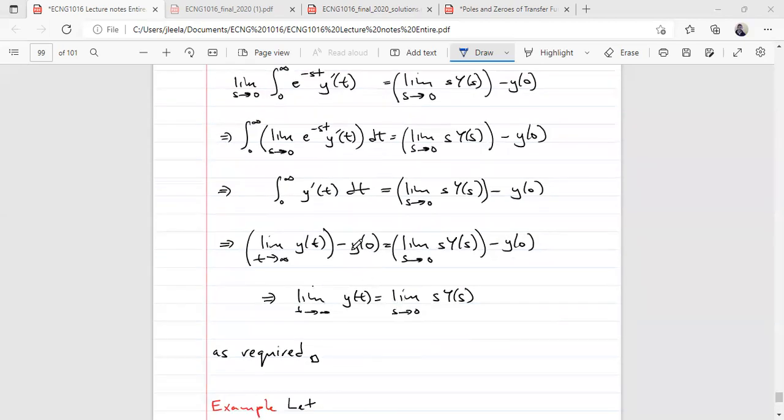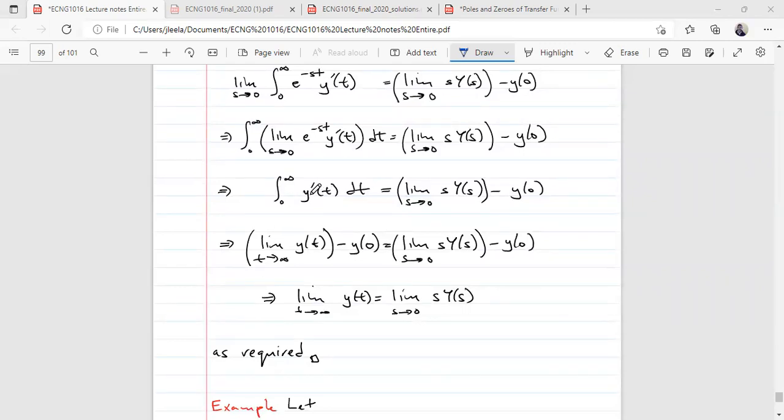And then the minus y(0) drops off on both sides. So you end up getting the limit as t approaches infinity of y(t) equals the limit as s approaches 0 of sY(s), which is what we require.